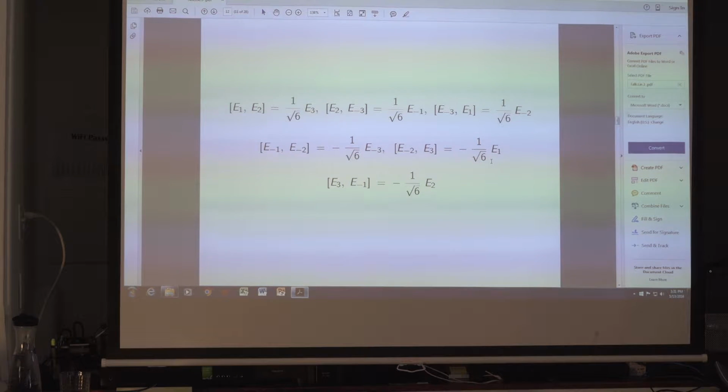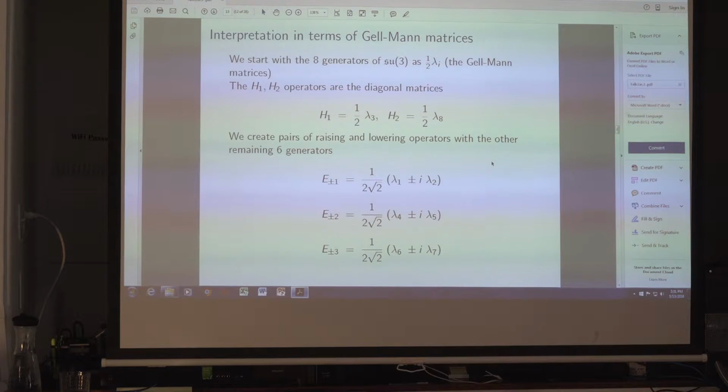As physicists, we like to play with matrices. So what do we do? Well, we want to look for an interpretation of these vectors, an interpretation of the generators associated to these vectors. Because when I speak of vectors, I mean generators associated to these vectors. Now I want to find a one-to-one correspondence between those generators and the Gell-Mann SU3 matrices, okay?